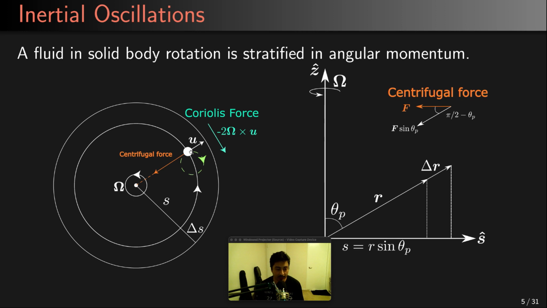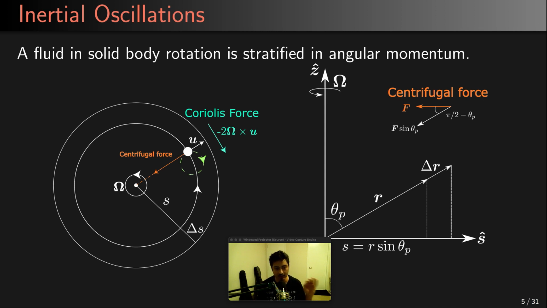And what happens is, once you move it away, the centrifugal force, which is also the pressure gradient in the absence of any velocity, then pushes it back to its original position. But while moving back, the Coriolis force acts on it because we are in a rotating frame. And it makes the fluid parcel go in circles. And these motions are actually retrograde. They are opposite in the direction of the rotation axis.